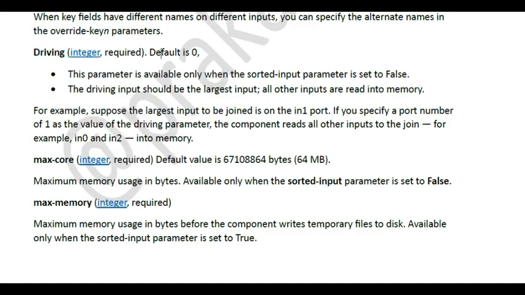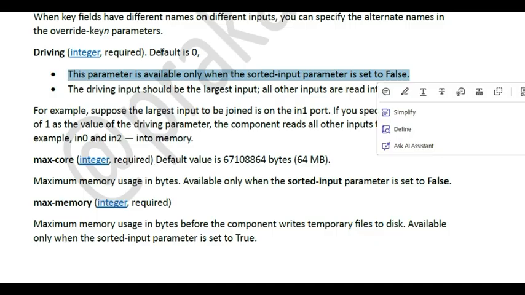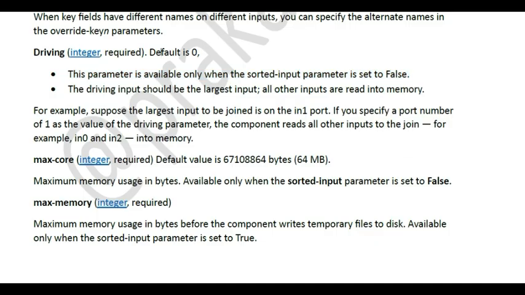Okay. Next parameter we have is driving parameter. The driving parameter will be enabled based on your sorted input parameter. If your sorted input parameter is set to false, then only this parameter will be enabled. If your sorted input parameter is true, then you can't edit or provide this value. This driving input should be the largest input. All other inputs are read into memory.